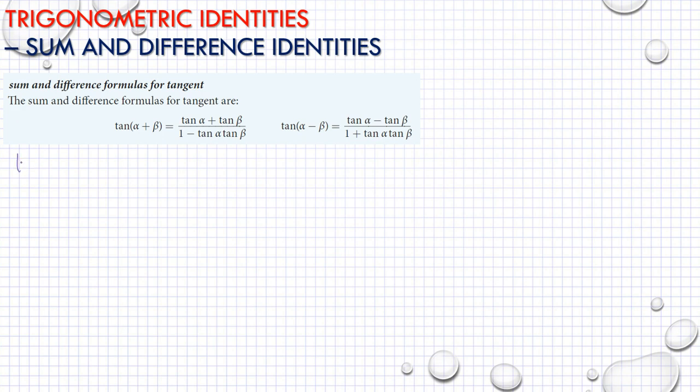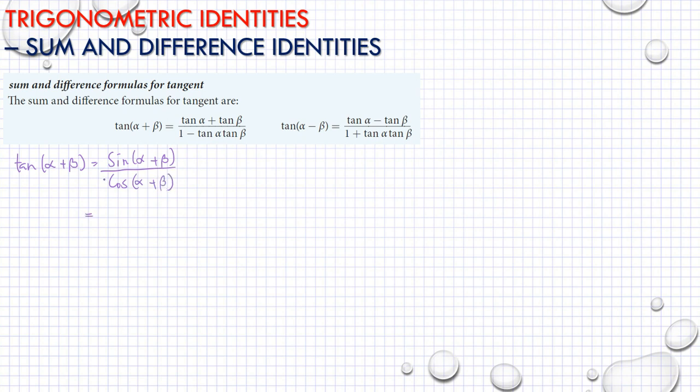Then we have tangent alpha plus beta is equal to sine alpha plus beta divided by cosine alpha plus beta.